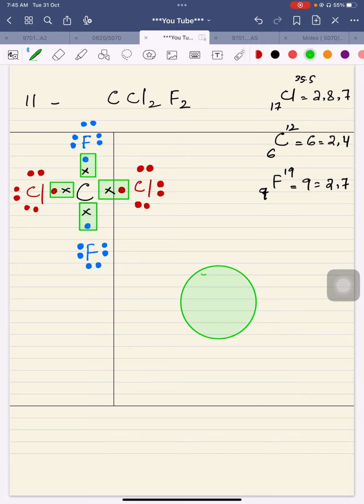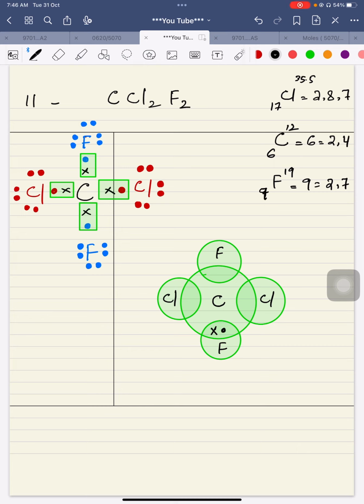Now look at here. This is the carbon, central carbon. This is one of the atoms. This is the second atom, whereas this is the third one, and this is the fourth one. Now I am writing here carbon. This is fluorine. This is chlorine, and this is chlorine, and this is fluorine. This is dot and cross, dot cross, dot cross, and the final dot cross.